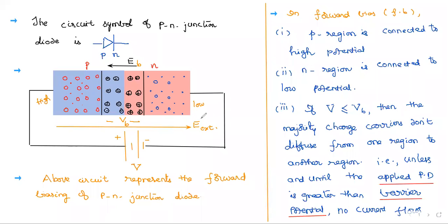Even here, the holes, the positive charge carriers, move in the direction of the external electric field, which means they move in the same N region towards the end. They are moving in the same region. They are not interested in crossing the junction. That's why we say they are drifted in the same region.